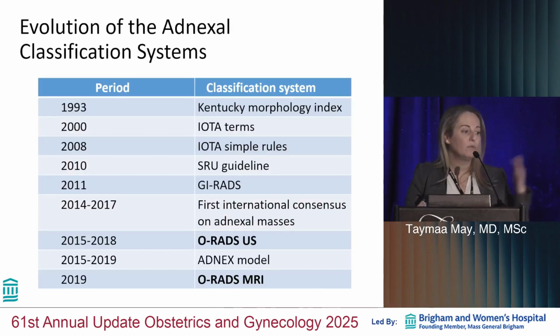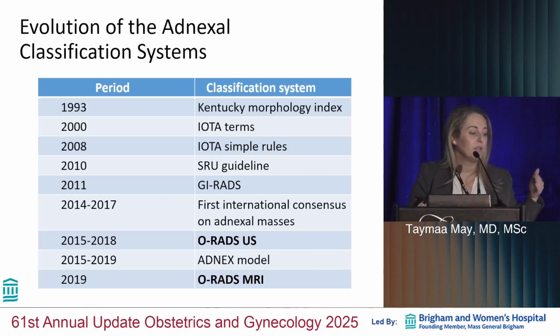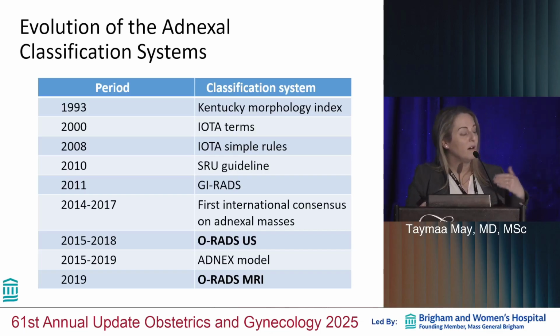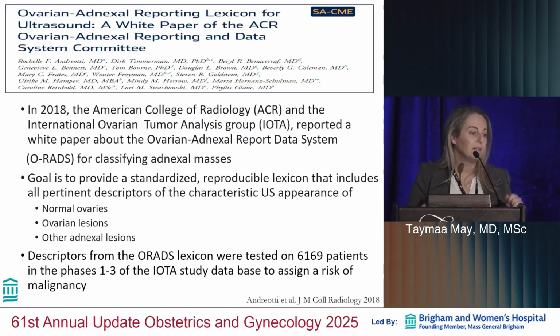So, evolution over time: radiologists have started, for the last 30 years, with the IOTA, with the different indices and then IOTA terms. Eventually, I think most of us now rely on the O-RADS score, which is ultrasound-based and/or MRI-based. The American College of Radiology, in collaboration with the IOTA group, came up with the O-RADS classification of adnexal neoplasm.